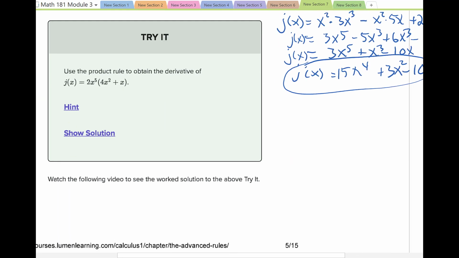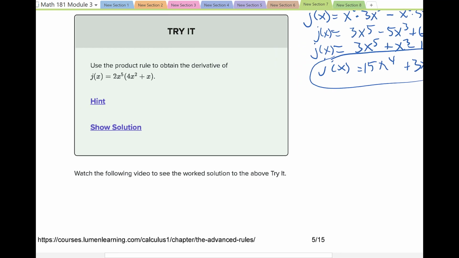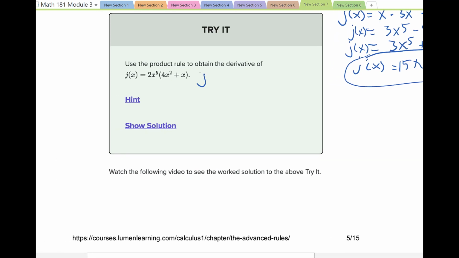Let's look at the next one. Use the product rule to obtain the derivative. So if we look at this, we would have j of x prime equal to the derivative of the first thing, so 2 times 5x to the fourth times the 4x squared plus x, plus the derivative of 4x squared plus x, so 8x plus 1, times 2x to the fifth.